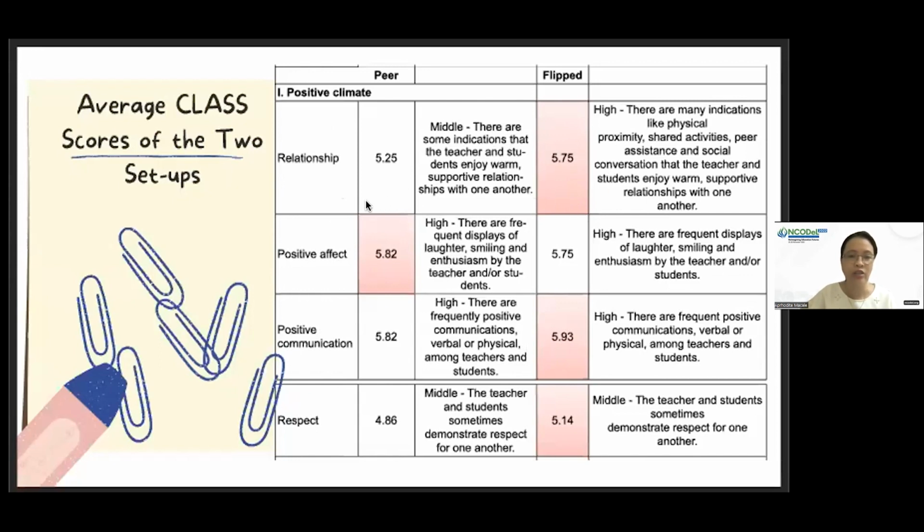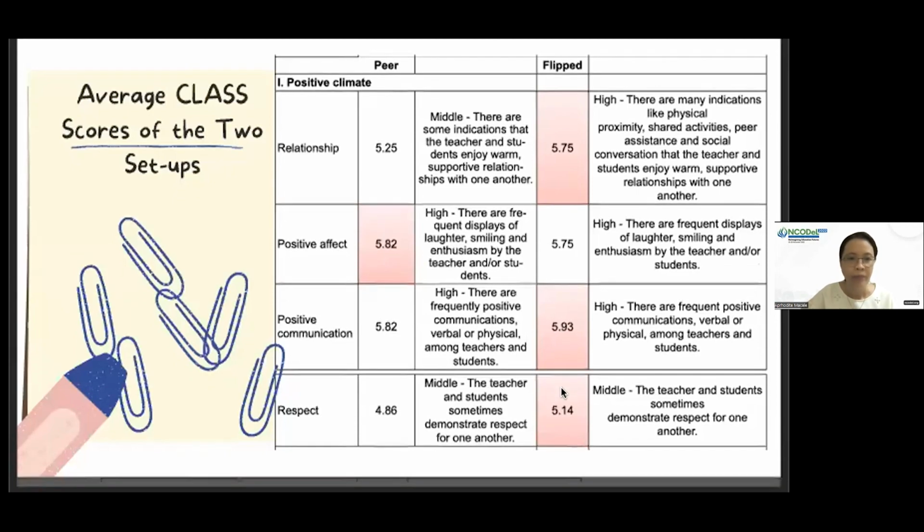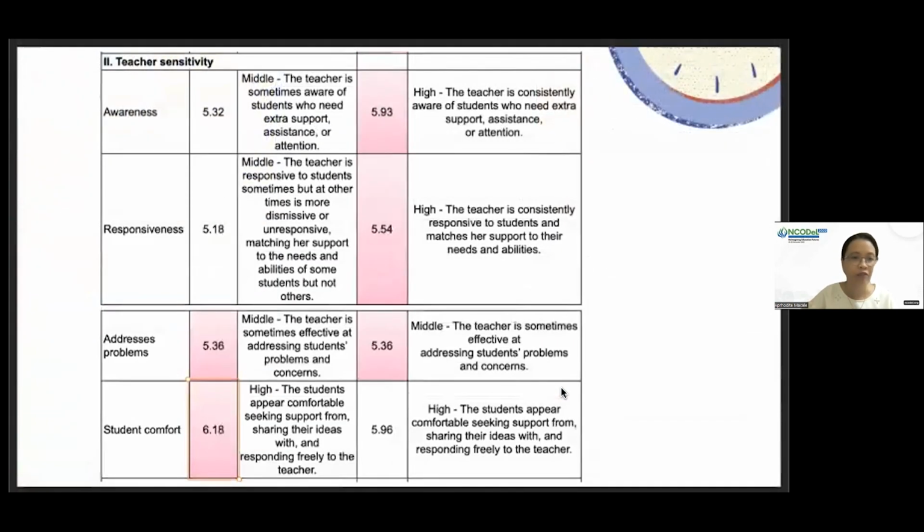So for positive climate in general, we can see here that flipped classroom scored higher compared to the conventional classroom. And then for teacher sensitivity, awareness and responsiveness, the flipped classroom scores higher than the peer instruction setup or the conventional classroom.